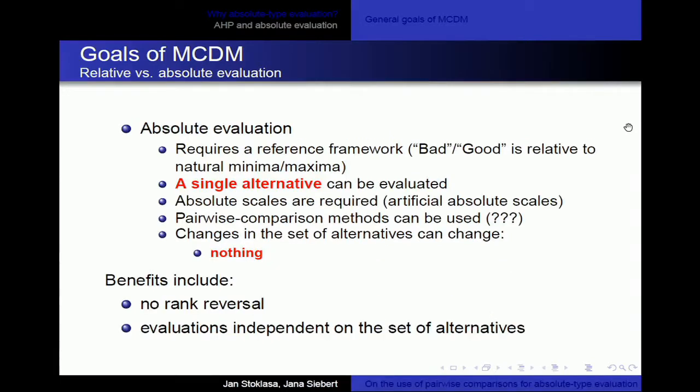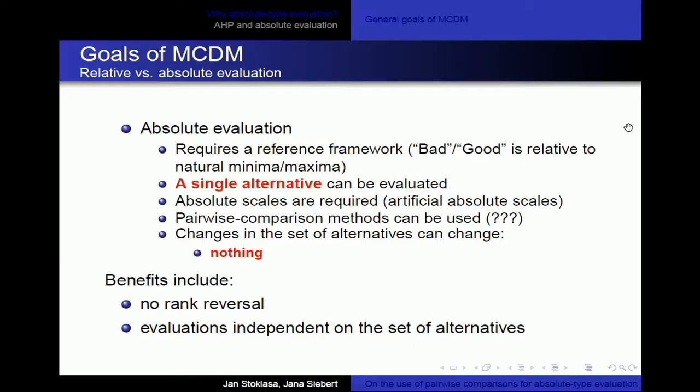Okay. If we consider absolute type methods, they also require a reference framework. You need to compare the evaluations or the alternatives with something, but the benefit of absolute type methods is that this reference framework should not be dependent on the alternatives, and therefore you should be able to evaluate a single alternative and get a reasonable number that can be interpreted and that can have full informational value.